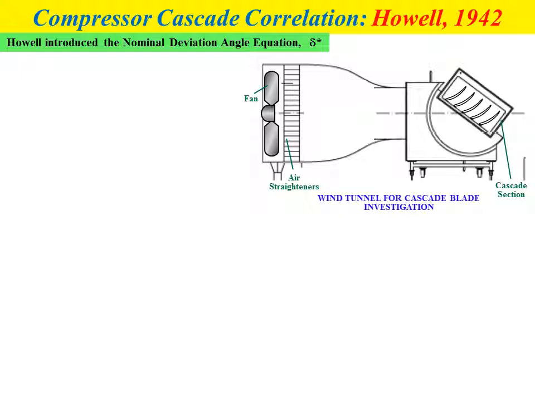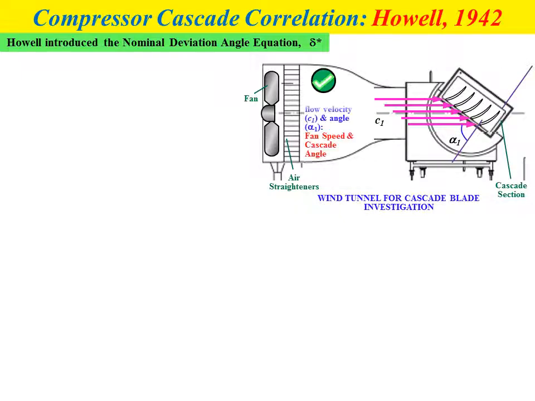So normally during the investigation, the condition at the inlet is already decided by the designer or by the researcher. For example, the value of fluid flow velocity C1, as shown by the pink arrow, and also the fluid flow angle alpha 1.